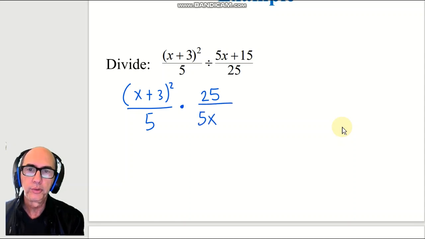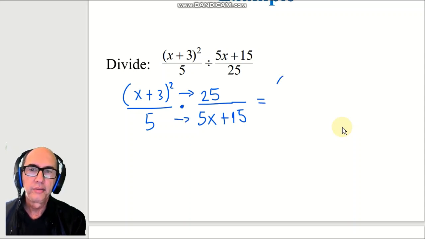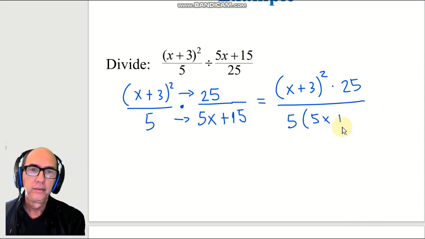Find the reciprocal of 25 over 5x plus 15. Nice. Multiply across, and then you have (x plus 3) squared times 25 over 5 times (5x plus 15).